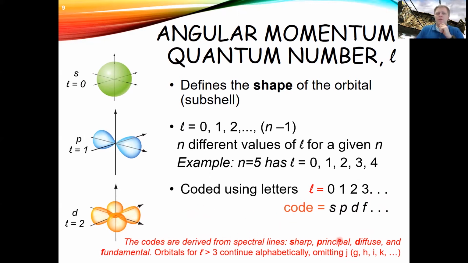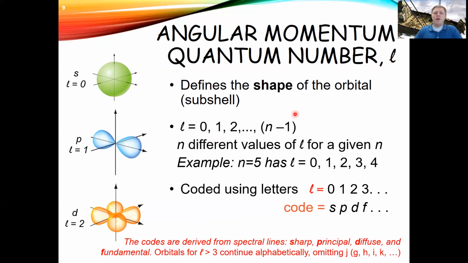So while you don't need to remember that bit of history, you do need to memorize this relationship of L equals 0 being S, L equaling 1 being P, L equaling 2 being D, L equaling 3 being F. And then beyond that, we just go in alphabetical order with the exception of J. So there's S, P, D, F, G, H, I, K, L orbitals. But the further in the alphabet you get, the more theoretical those get, less practical in application, or the less likely they're actually to be occupied in real life.